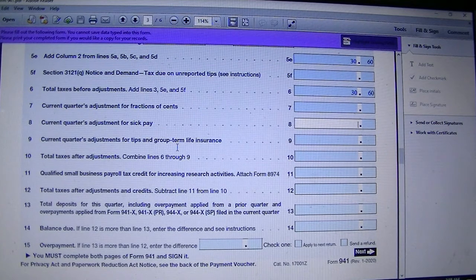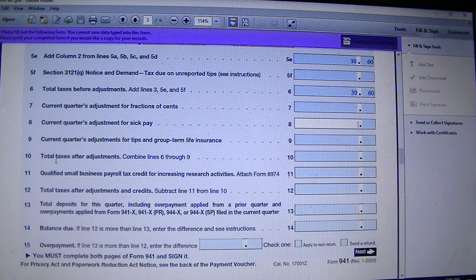If you paid group-term life insurance on former employees without collecting it, then you'll put it here as well. So that's that for that line.